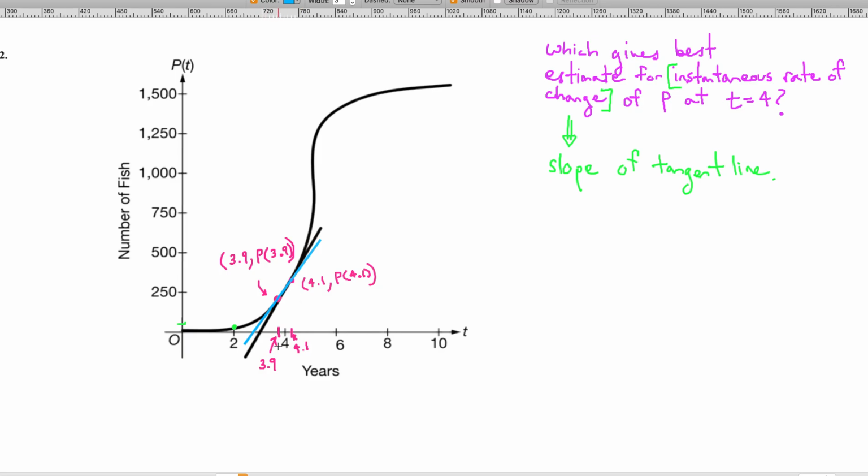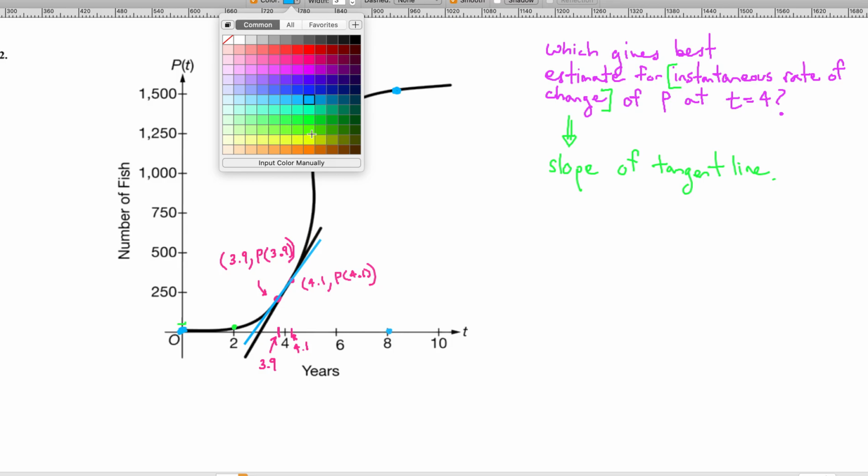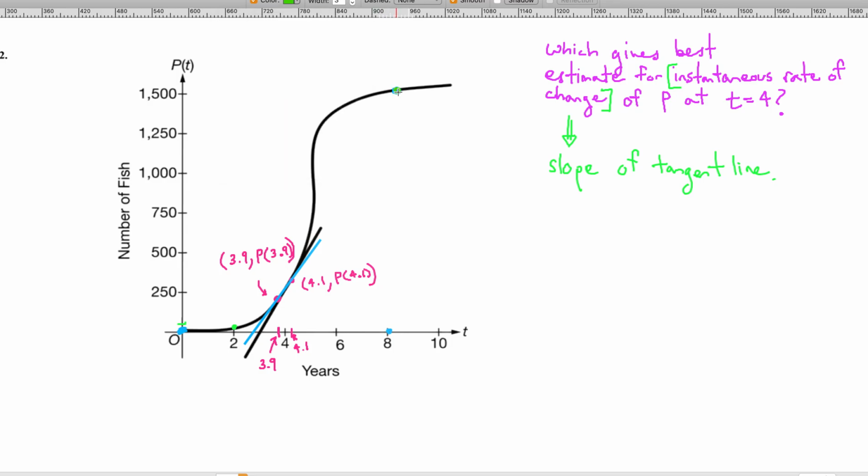If I pick points further away, this would be less accurate. If I did, let's say, between 0 and 8, let's say I use these 2 points, this secant line joining these 2 points. Let's say I do it in a different color. So let's say this point right here, and then this point right here, and I join these 2 points with a straight line.